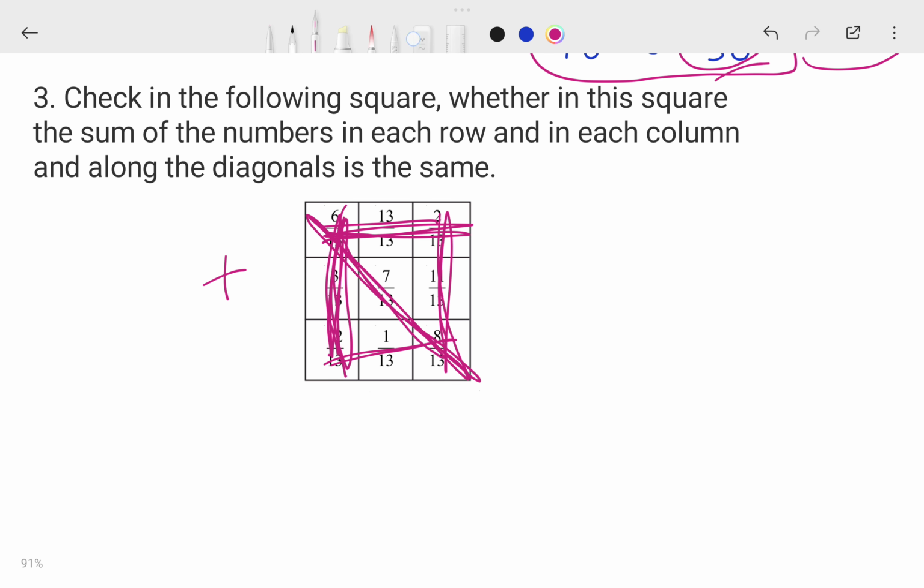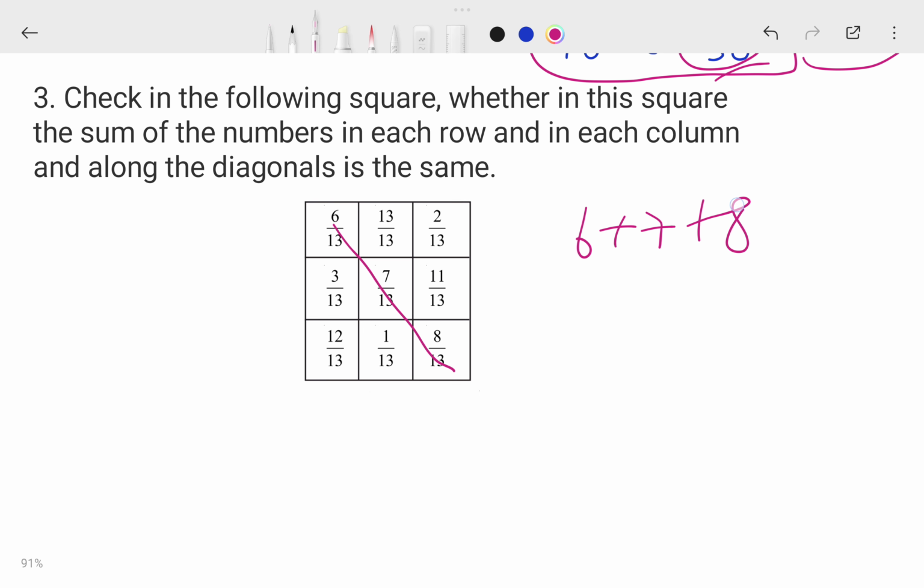So how will we find that? Let's see this one here. We have to find diagonal-wise. The denominator is the same, so let's add 6 plus 7 plus 8. If you add this, then what will it be? That's 21 by 13. So this diagonal is 21 by 13.